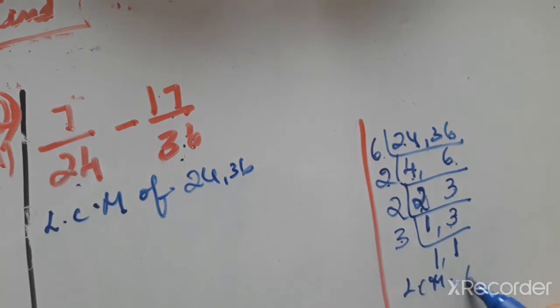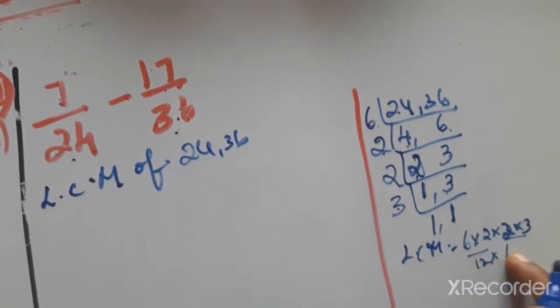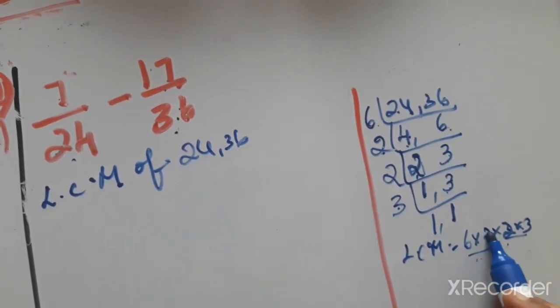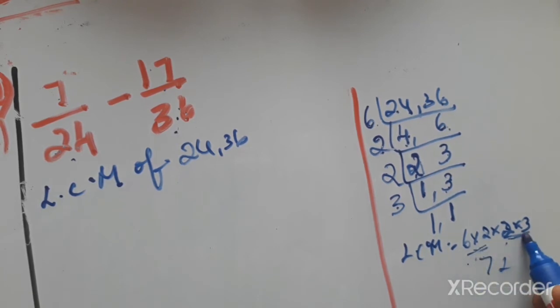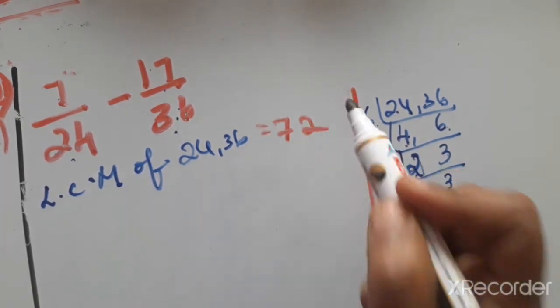That is 6 into 2 into 3. 6 2s are 12 and 2 3s are 6. After multiplying 6 into 2 is 12, 12 2s are 24, 24 3s are 72, or we can group it: 6 2s are 12 and 2 3s are 6, next 12 into 6 is 72. The LCM value is 72.